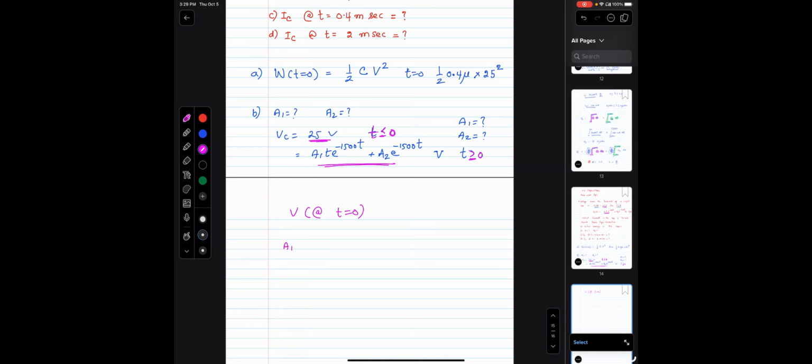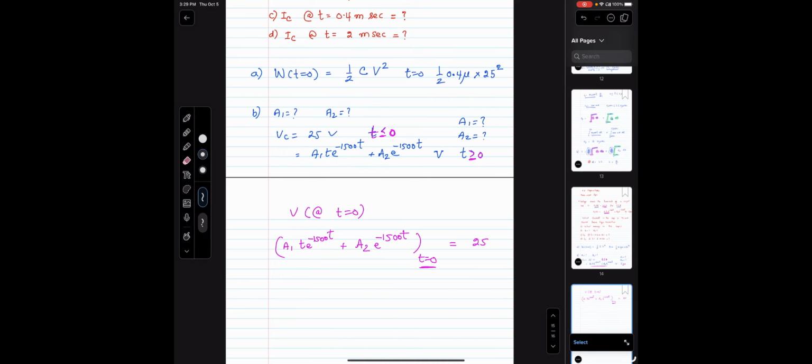Therefore, A1 t e to the negative 1500 t plus A2 e to the negative 1500 t, when you substitute t equals 0, that value should equal 25 volts. So this and this are equal at t equals 0. That's the bottom line. It's a simple idea.